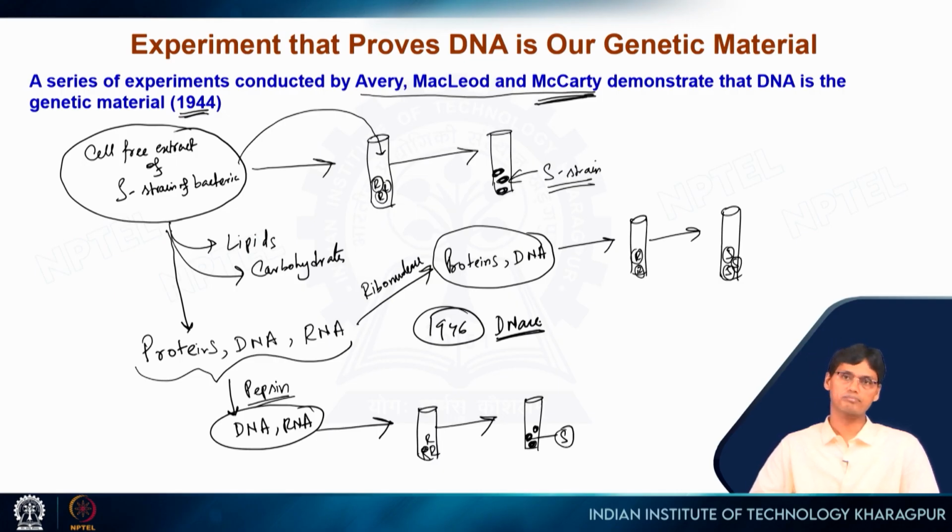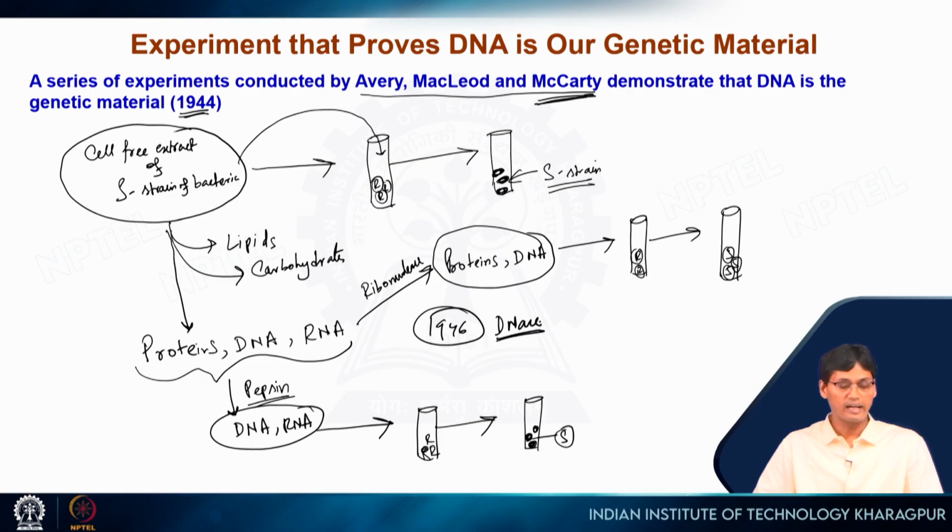Therefore, this experiment proved that DNA is our genetic material. But as I told you, this was in 1944, Second World War time, and most of the scientists didn't pay that much attention. Part of the reason was that during that time, most scientists believed protein was the ultimate thing.